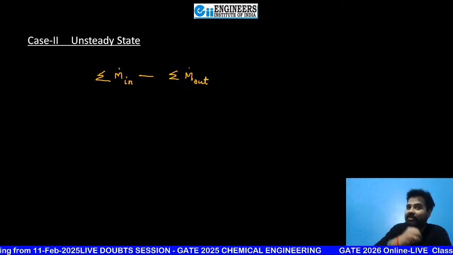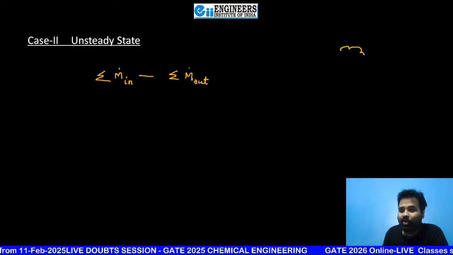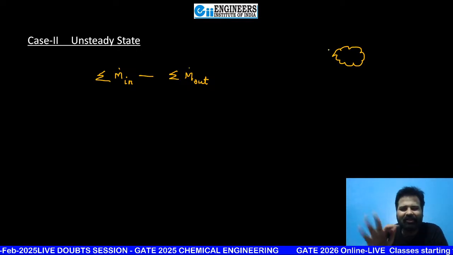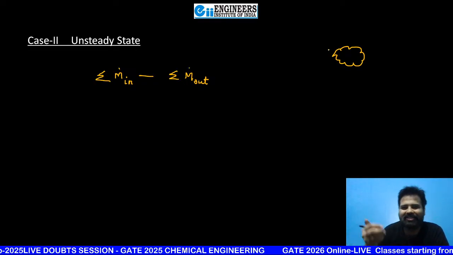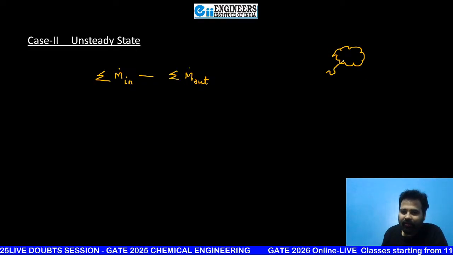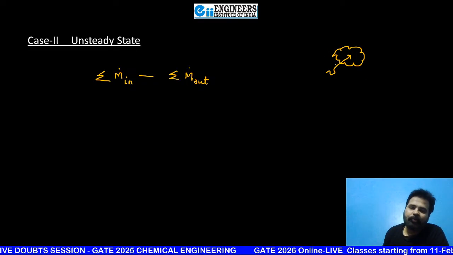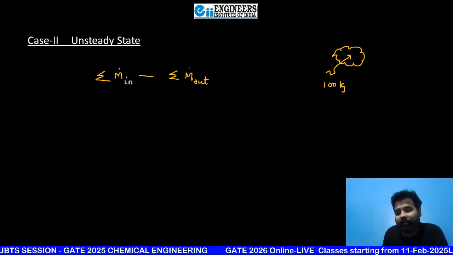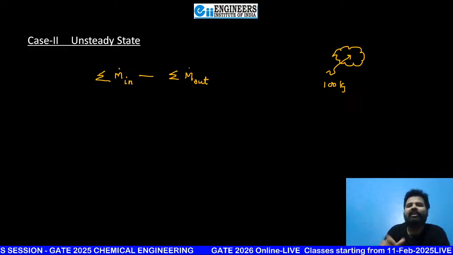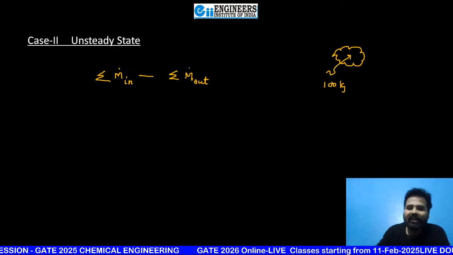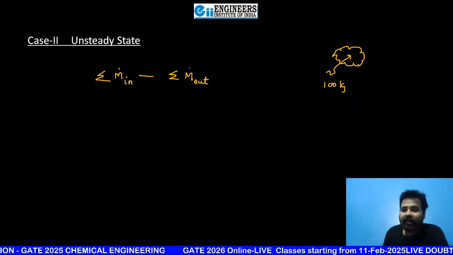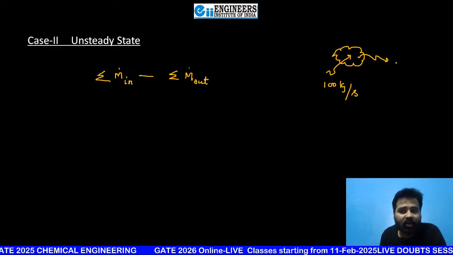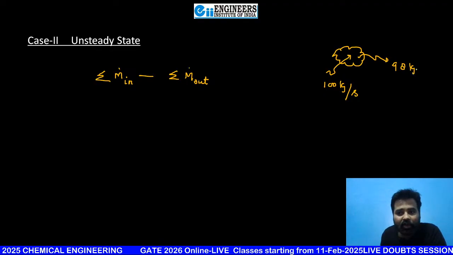Now suppose, my dear students, you have any reactor, any chamber. Maybe reaction is there, maybe no reaction is there. And suppose 100 kilogram per second of some feed is entering, and from here you are getting only 98 kilogram per second.